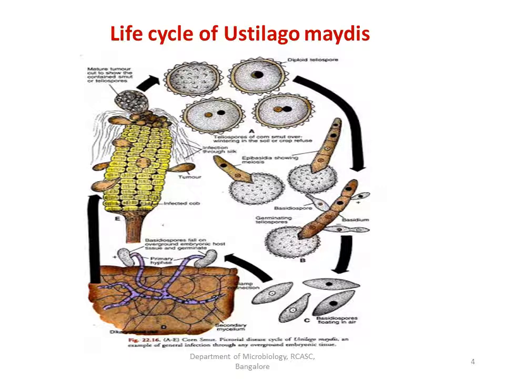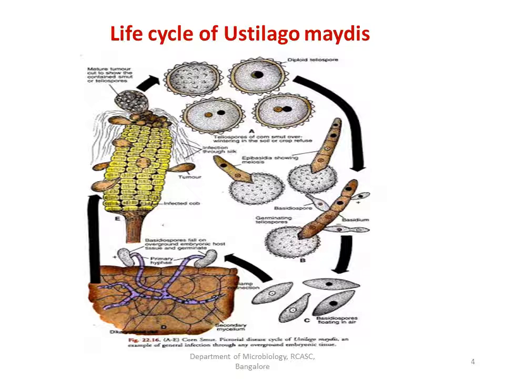Then coming to the life cycle of Eustylago maydis, the primary infection takes place by spores called teleospores. Teleospores are thick walled, blackish or brownish or sometimes olive green in color.